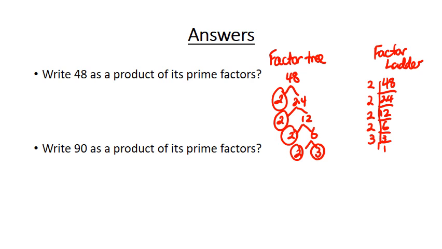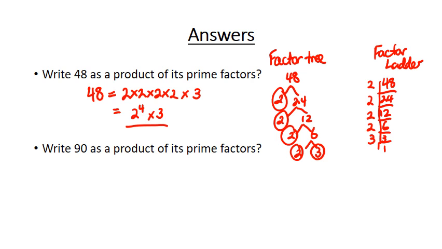So we can see that 48 is actually 2 times 2 times 2 times 2 times 3, which is actually 2 to the power of 4 times 3. And that would be your answer using index notation.